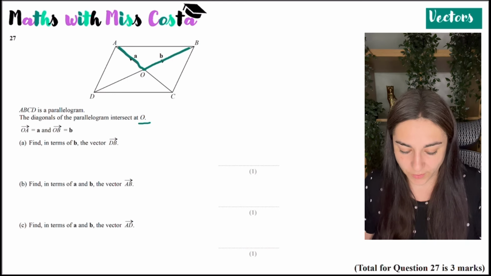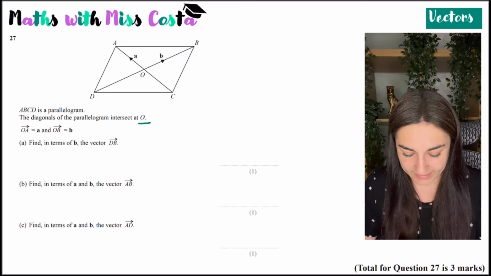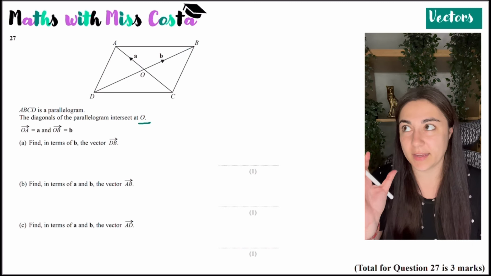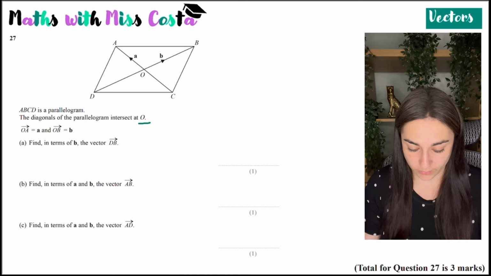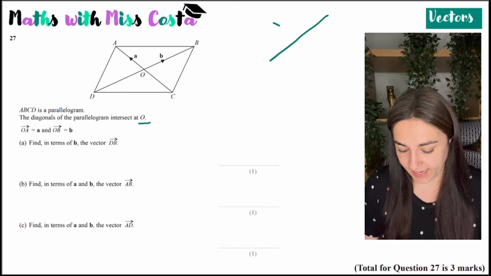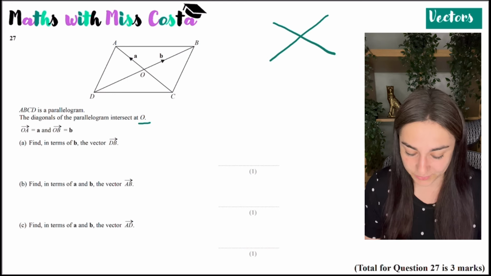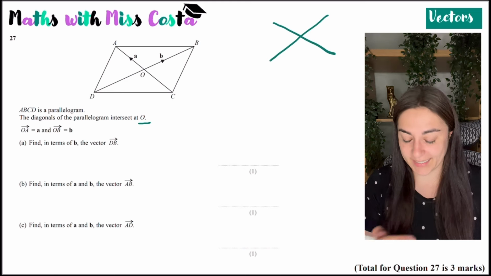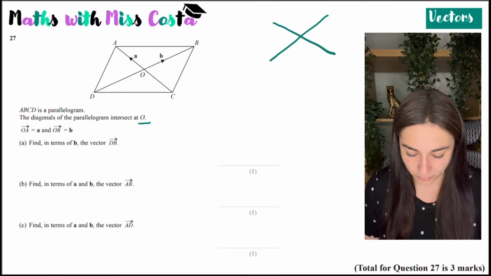When you've got a parallelogram, the diagonals intersect at the midpoint of the line.